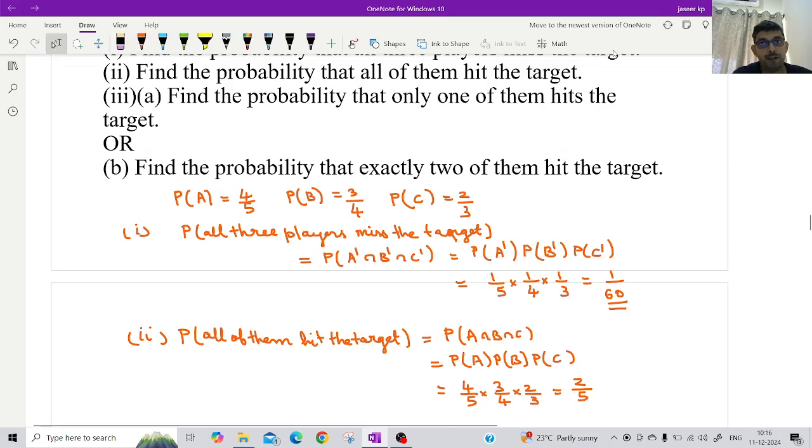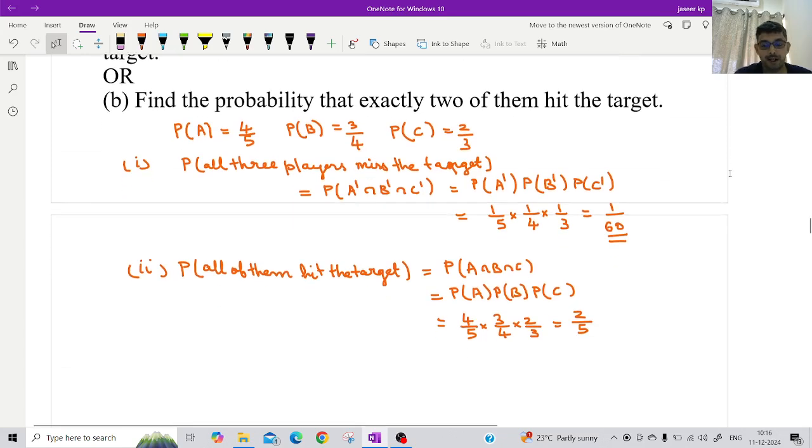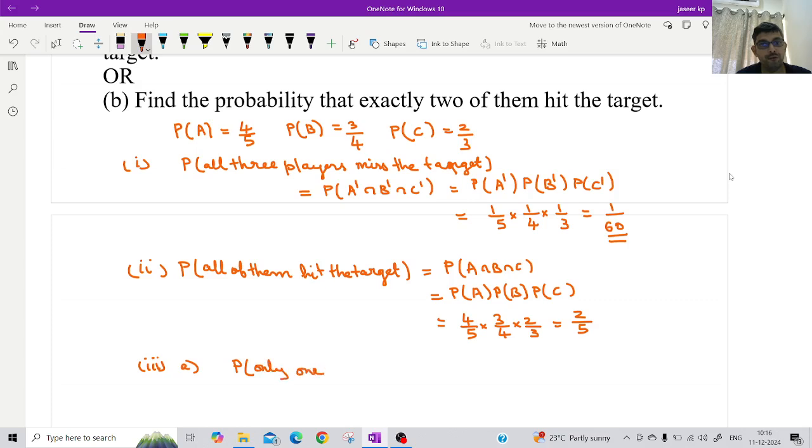Now find the probability that only one of them hits the target. That is, you'll have to consider different cases. Only A hitting the target, then second case only B hitting the target, and third case only C hitting the target. That is the third question, A part, probability that only one of them hits the target.